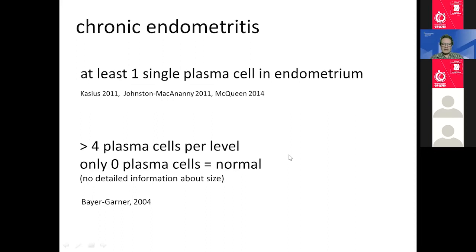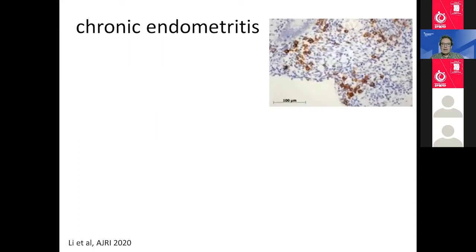So what we found is heterogeneous. And we have decided to do the most conservative estimation. So we said over 4, so starting from 5 plasma cells per square millimeter, we have a chronic endometritis.